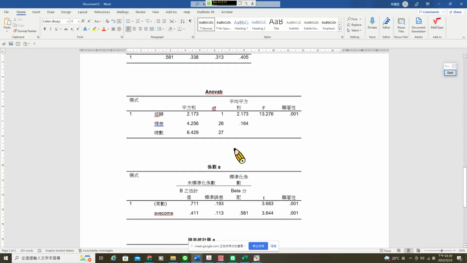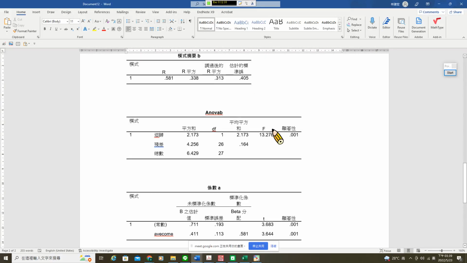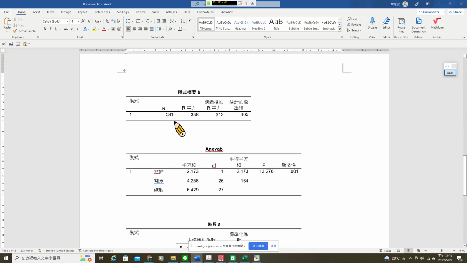And it looks so nice over here, right? But I will tell you, this is totally wrong. This is a wrong approach because the output here only provides the necessary information, which you need to take out and put into your writing.